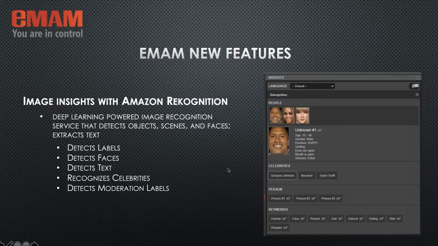Okay, we've also added some more features within Amazon Recognition. So detecting labels, faces, text, celebrities, moderation labels as well. And within that, giving a little bit more detail, Amazon does provide some specific detail. Didn't recognize the rock here, but basically giving you kind of a breakdown of who that person might be.